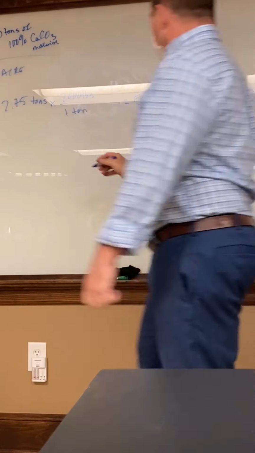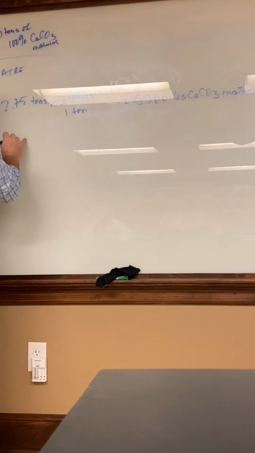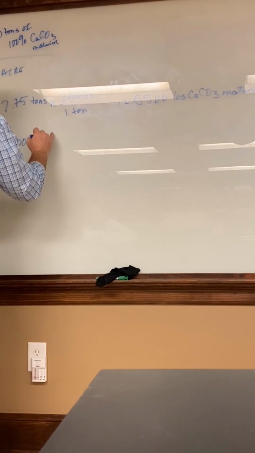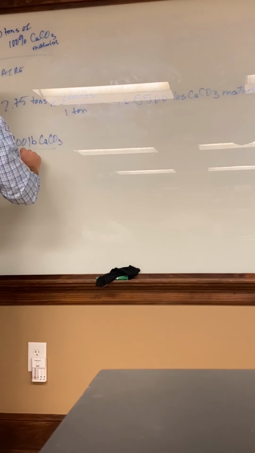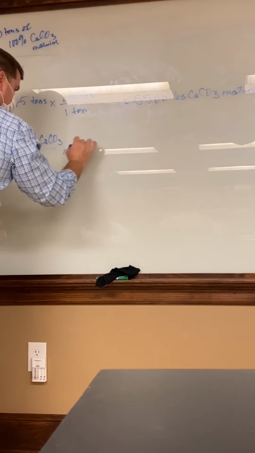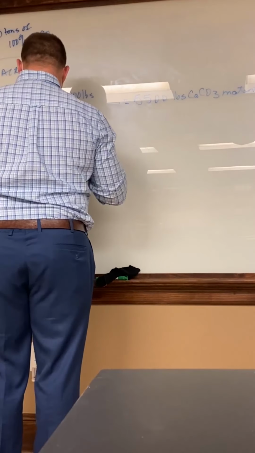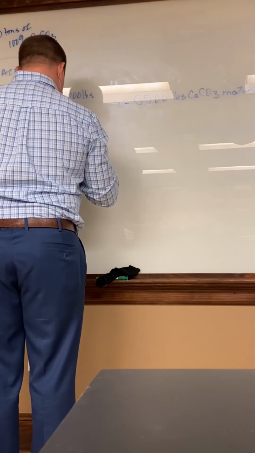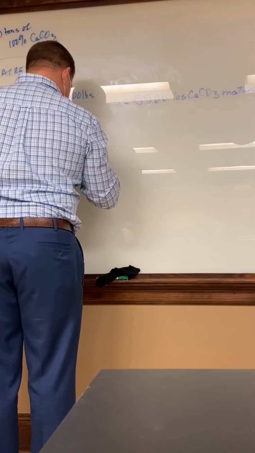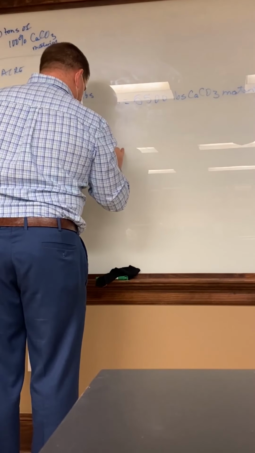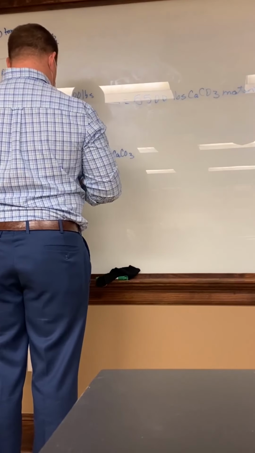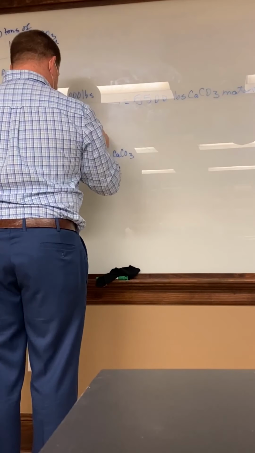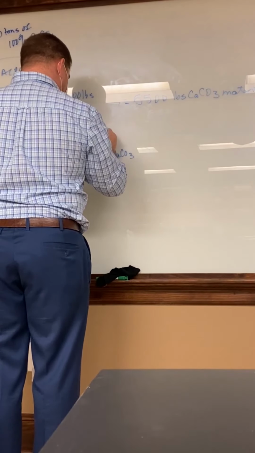Then times 1.025 pounds of calcium carbonate in 1 pound of co-op material.